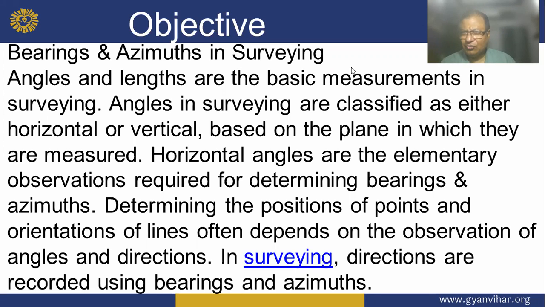Where will you go? Direction is a very important thing. It gives information about our exact location. So, in surveying, directions are recorded using bearing and azimuth.